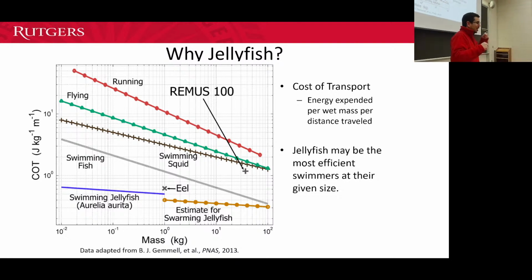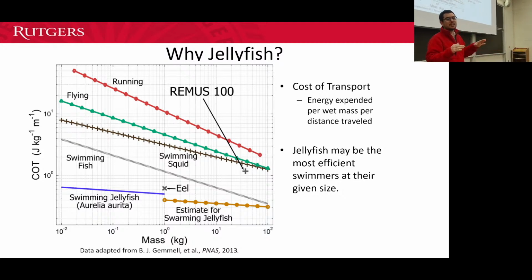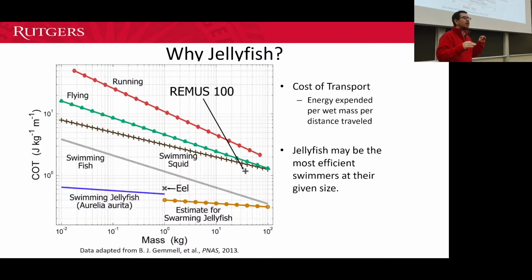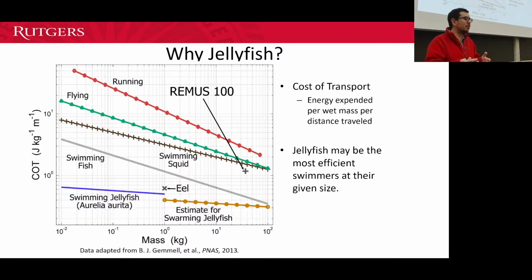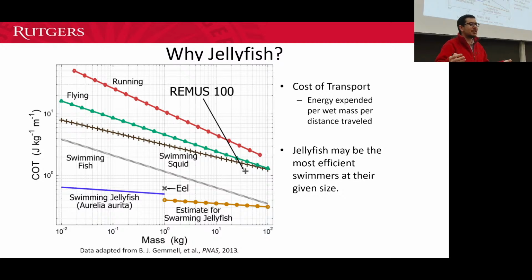This graph shows the cost of transport versus wet mass. What we're talking about is how much energy it requires to go a meter per kilogram of mass. So is a more efficient locomotor or swimmer going to have a high cost of transport or a low cost of transport?